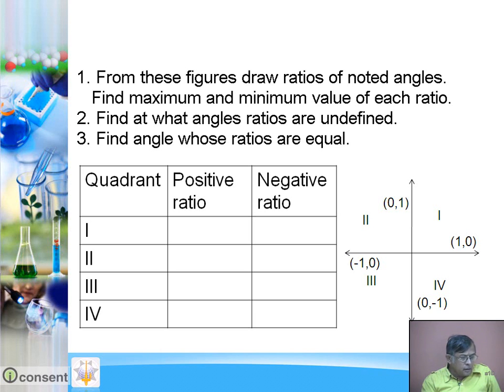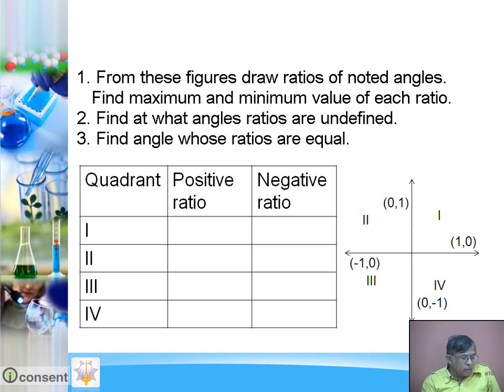Find at what angles the ratios are undefined. Find angles whose ratios are equal. So try to answer these questions from the above table and also draw some more conclusions if you can by observing the values. Then from these values complete this table.